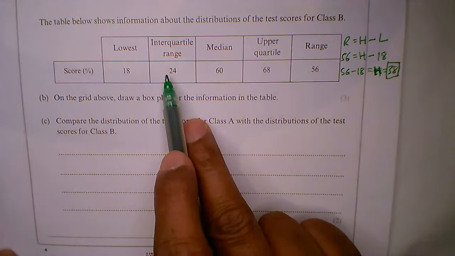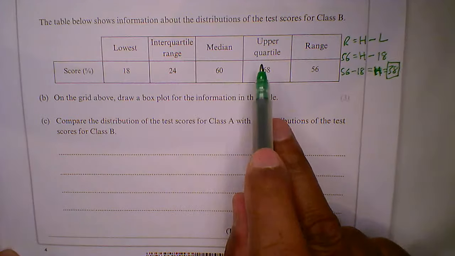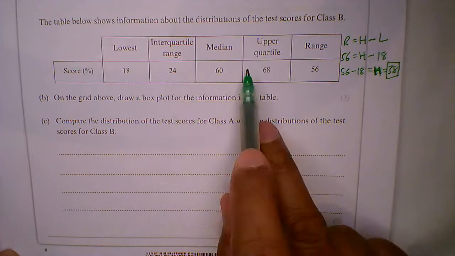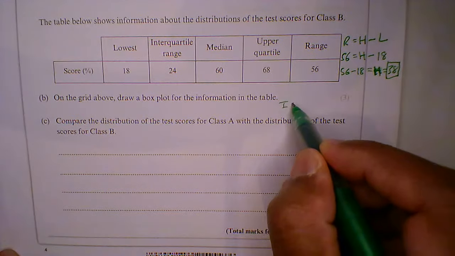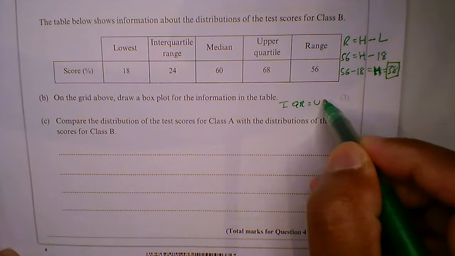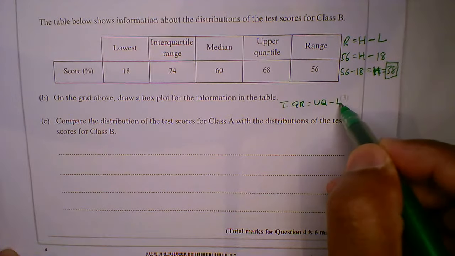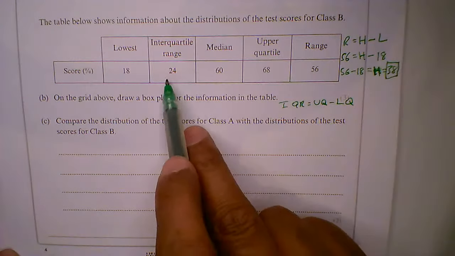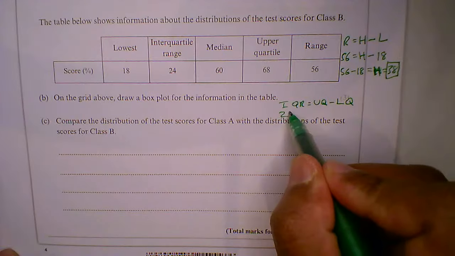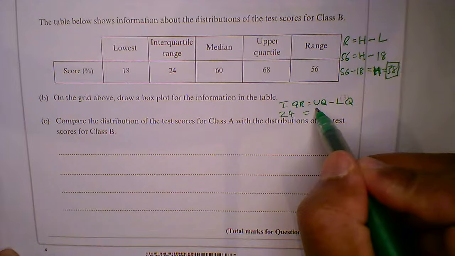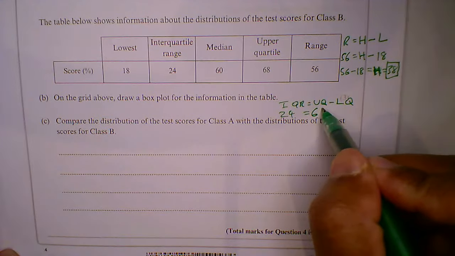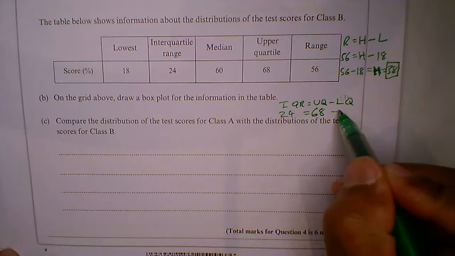We've got interquartile range, median, and upper quartile. So IQR equals my upper quartile take away my lower quartile. My IQR is 24. I have my upper quartile, which is 68, and I don't know my lower quartile.